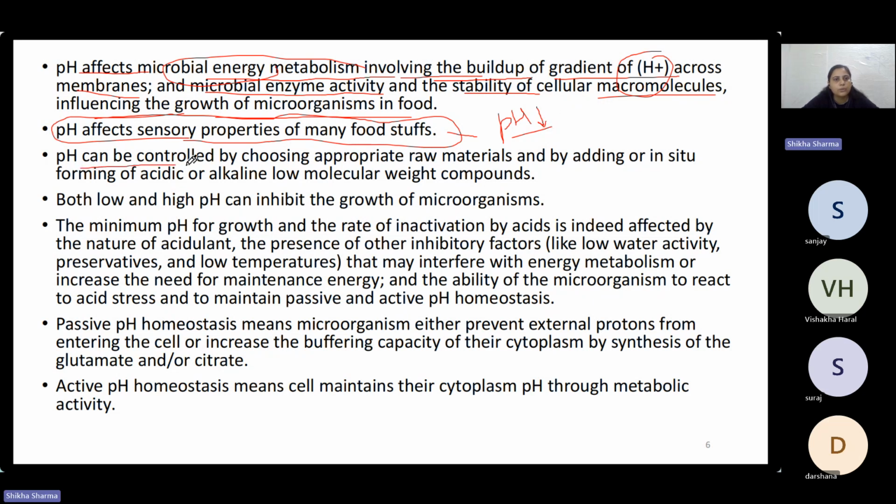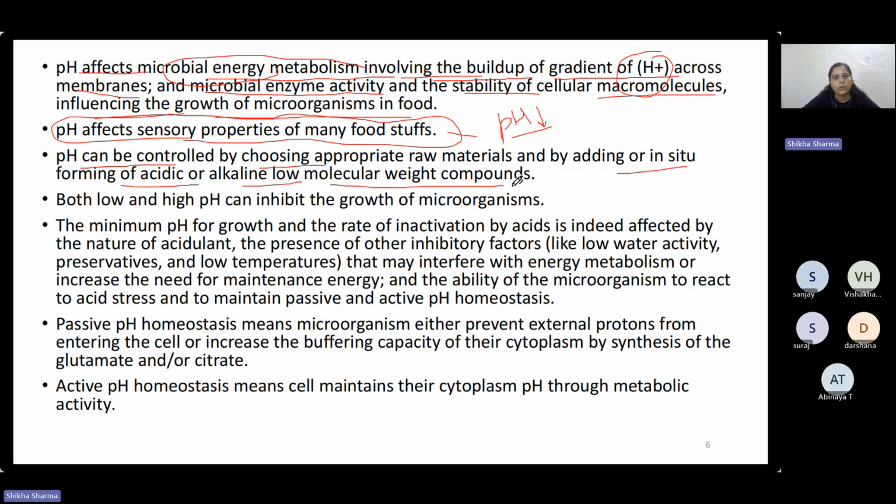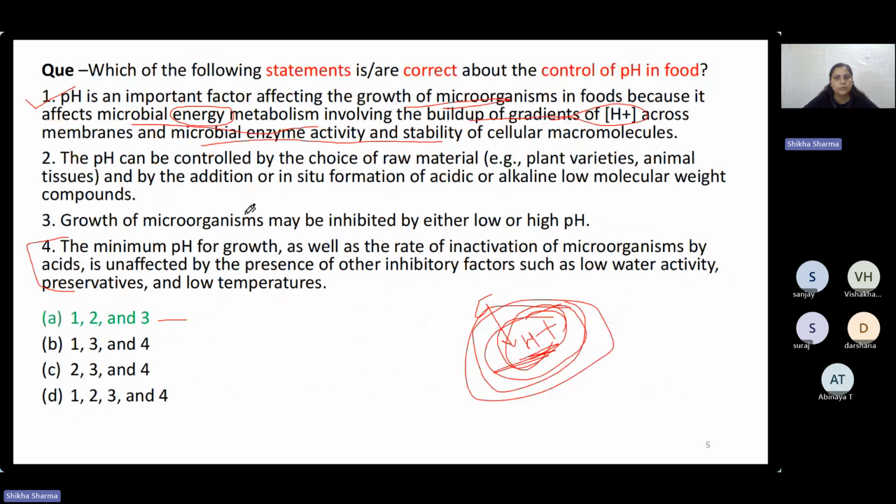pH can be controlled by choosing appropriate raw materials and by adding certain kinds of acid or alkaline low molecular weight compounds. So pH can be controlled by the appropriate raw materials. Either they will be added from outside, or can form inside, and these compounds can alter the pH.